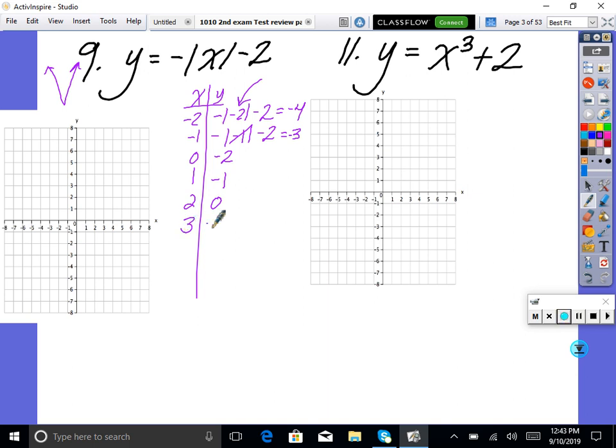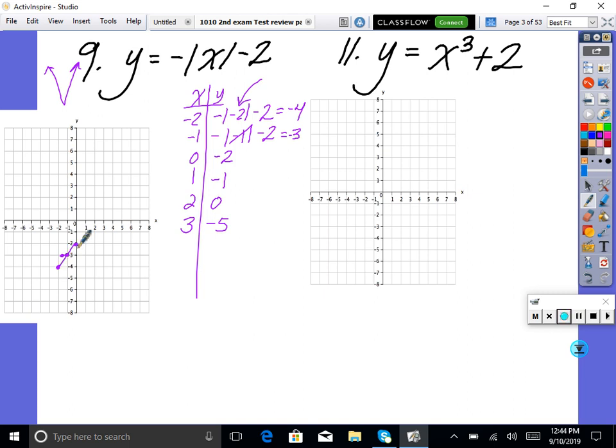Okay, let's do this. So we're at -2, down 4, hard to see on this graph, over -1, down 3, over 0, down 2. Uh-oh. I graphed that on the same one, that was right there.